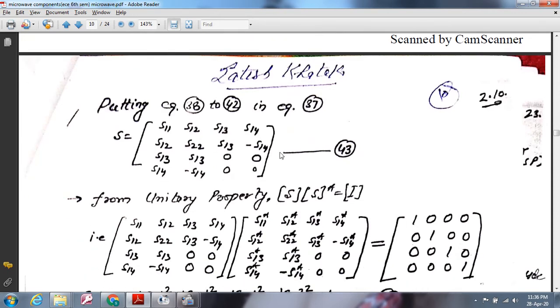Now this is the S matrix. Here the last four elements, this is S33, this is S34, this is S43, and this is S44. These four elements are 0. Now this is equation number 43.